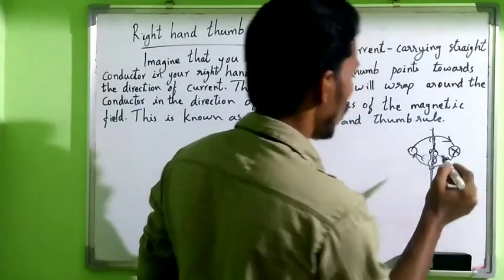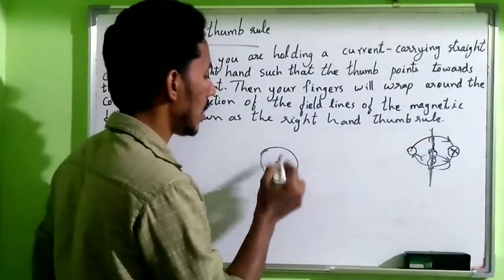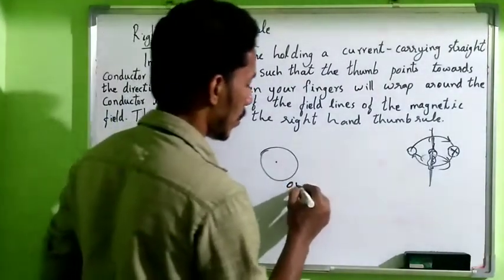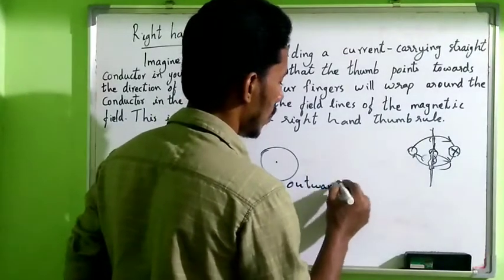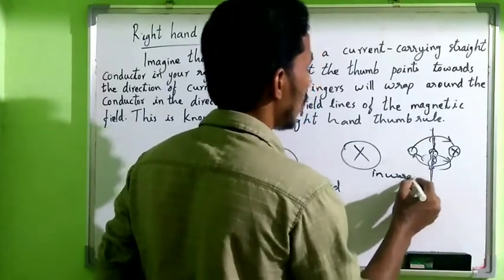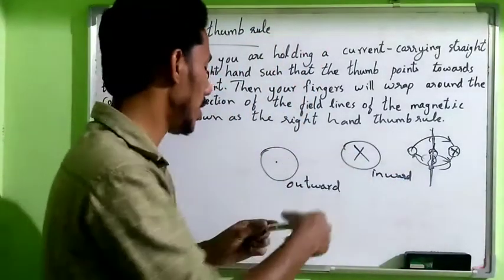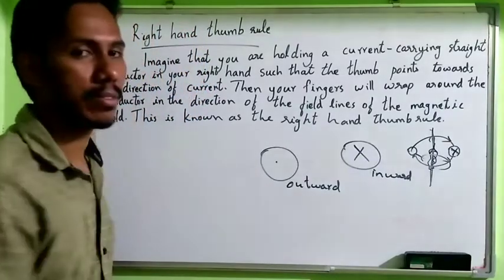This dot indicates the direction is outward, and this cross symbol represents inward to the board. The direction of the magnetic field line is inward to the board.